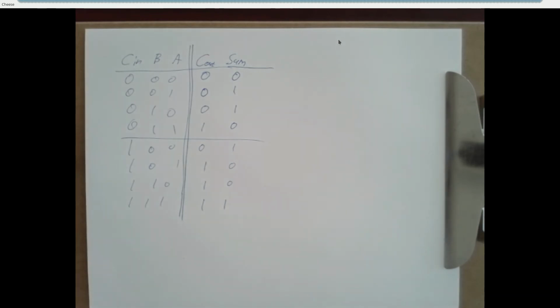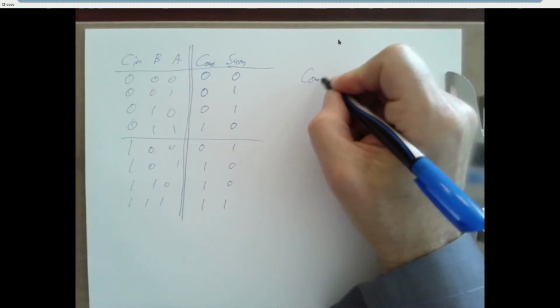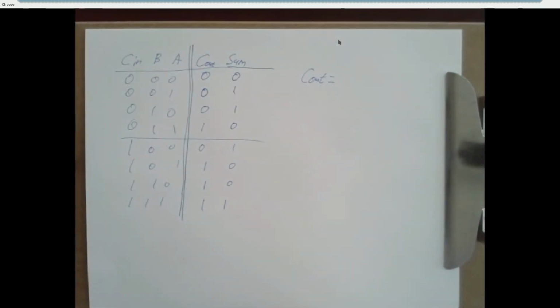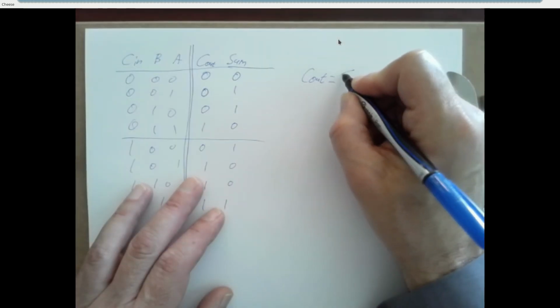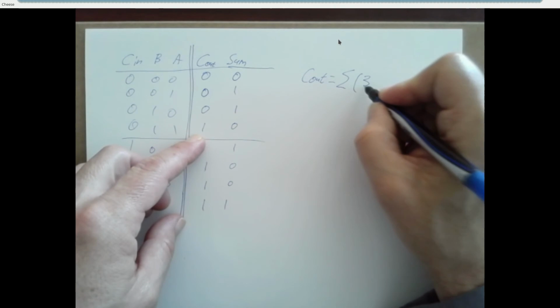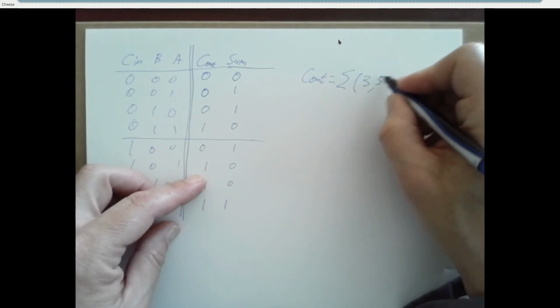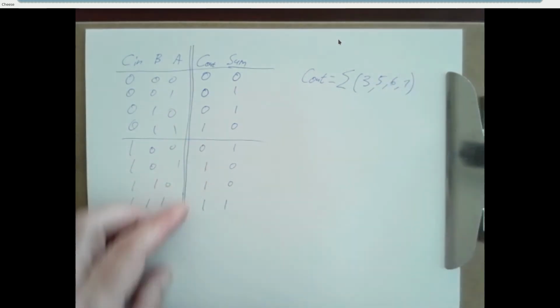So if we wanted to build this, we could write the carry out as a sum of products. It's min terms 3, 5, 6, and 7.